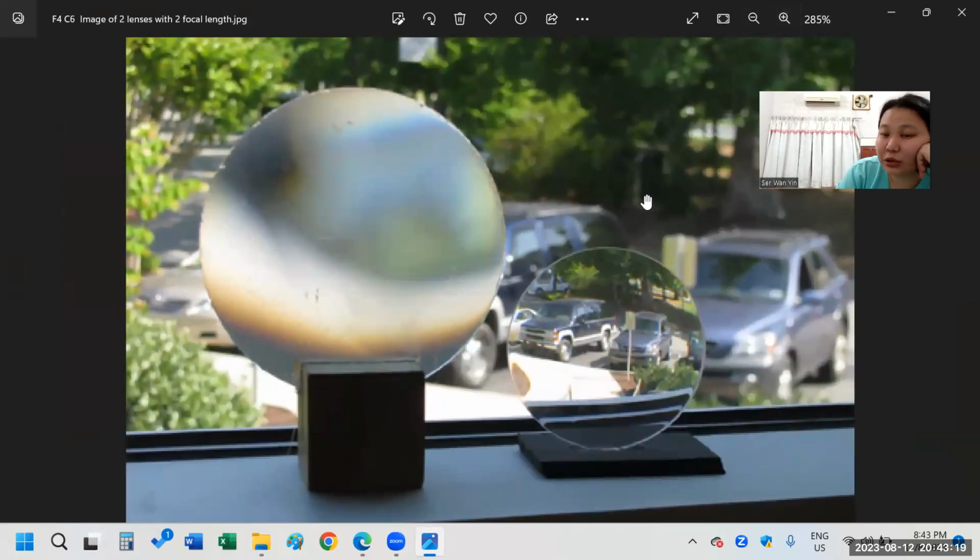Can anyone tell me where the object is? Yeah, the real object is the car, these two cars.